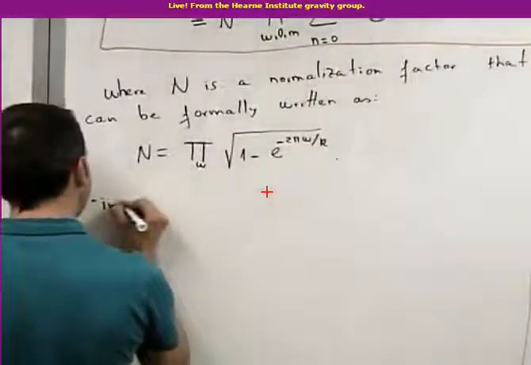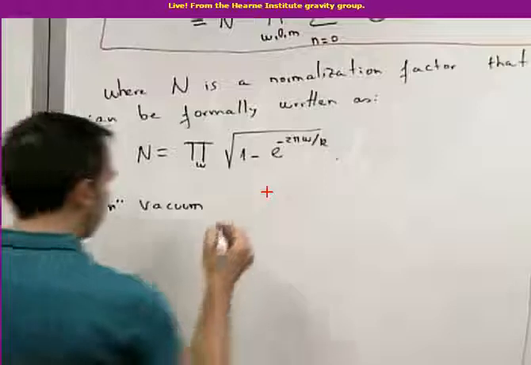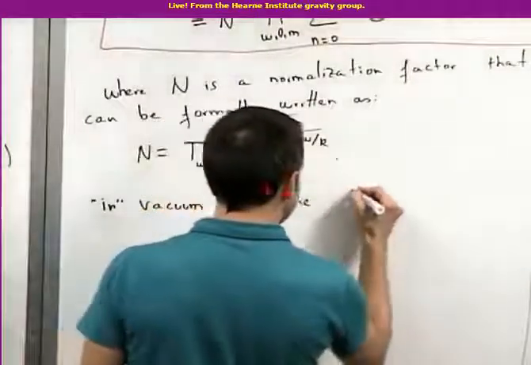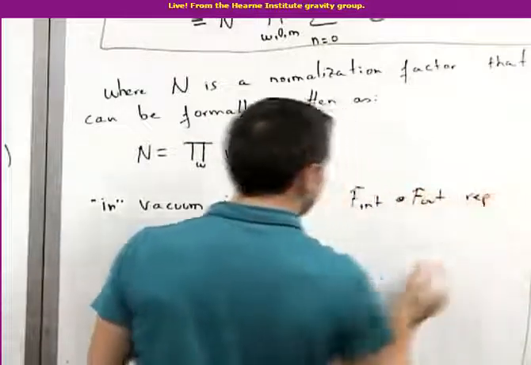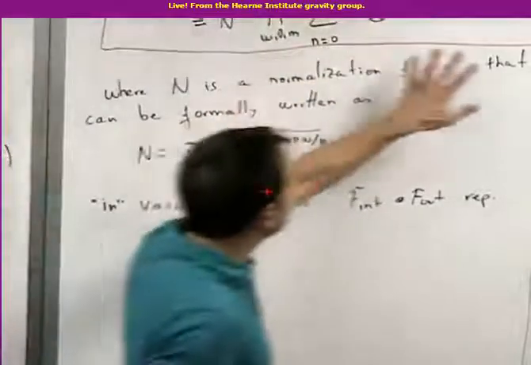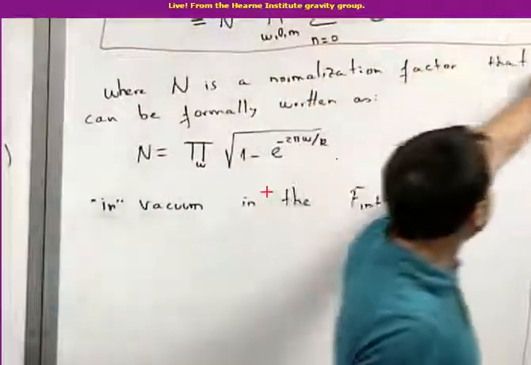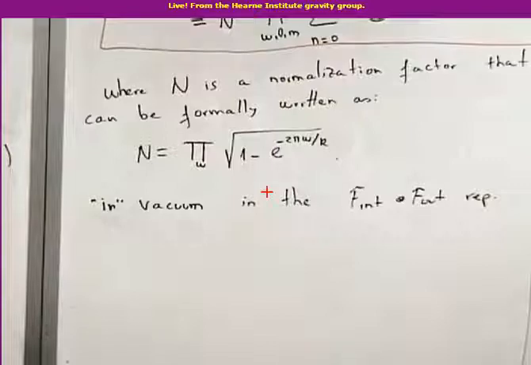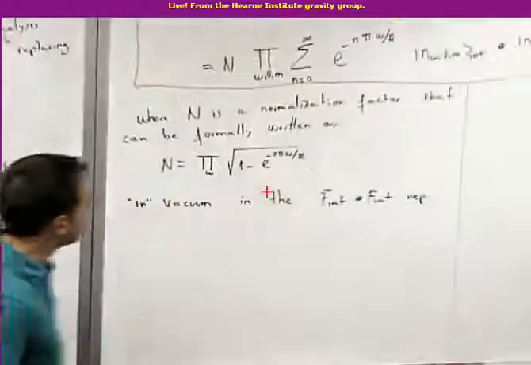So this expression again tells us that the in vacuum in the int cross out representation is precisely a linear combination of states with an even number of quanta. It's a sum of states which have an even number of quanta, half of which belong to the int Fock space, and the other half to the out Fock space.